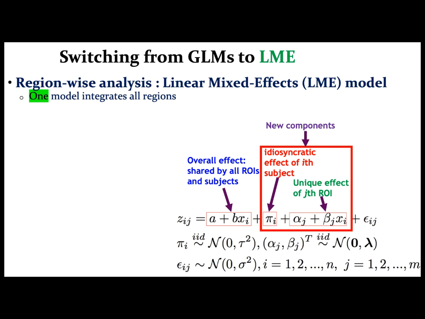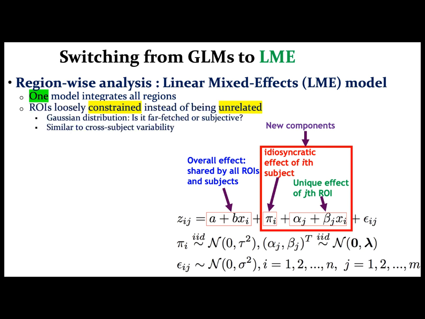Yes, Bob. I'd like to point out that the distinction between this and the previous model is that the idiosyncratic effects of ROI, the J's, and of the subjects, which were fixed effects in the previous model, were estimated for every single subject and every single region separately. Instead, it's all pooled in. They're just assumed to be random numbers, and we're not going to estimate them separately, we're just going to estimate their standard deviations or variances.